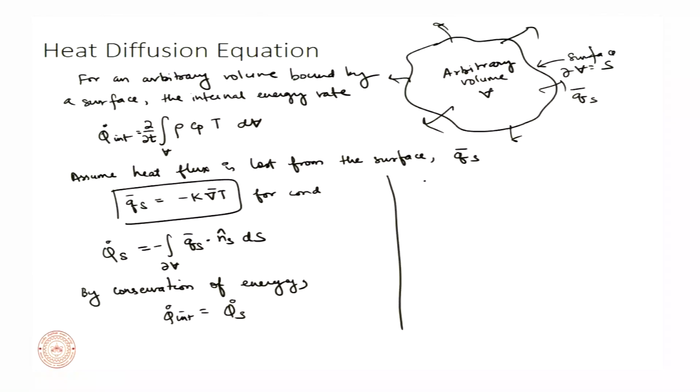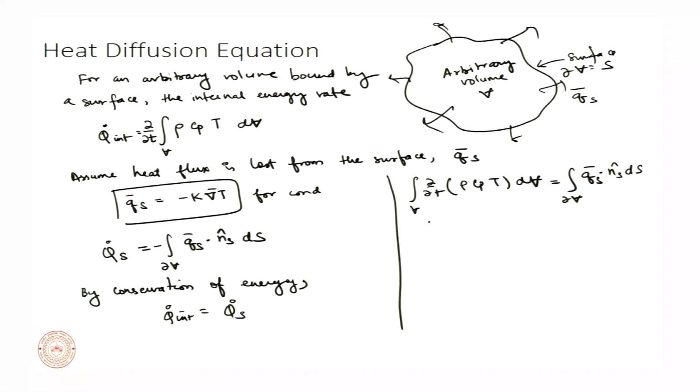Okay. Therefore, we will have integration of del by del T, I am just taking this del by del T inside the integration over volume, rho Cp T dV, equals integration over surface q vector s dot ns ds. Okay. So, this is our equation that we hold up.